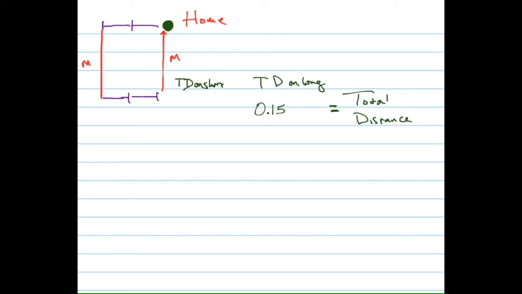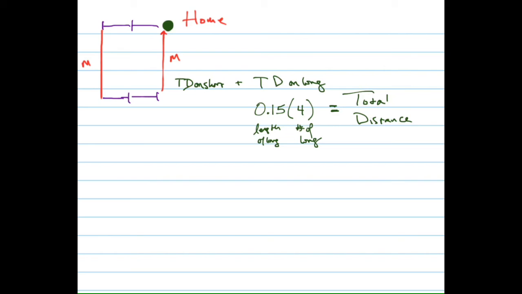Okay, 2 east, 2 west. So what should I do with the 4 and the 0.15? Multiply them, okay? 0.15 times 4. So we've got the length of a long block and the number of long blocks.